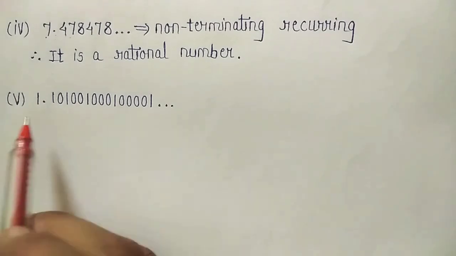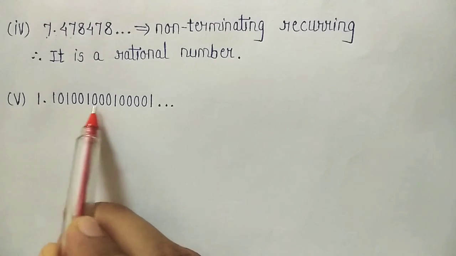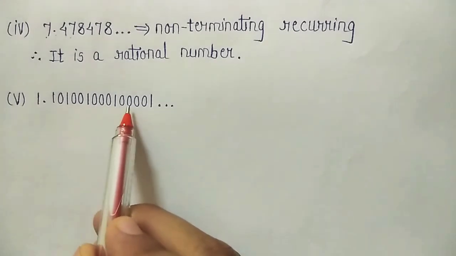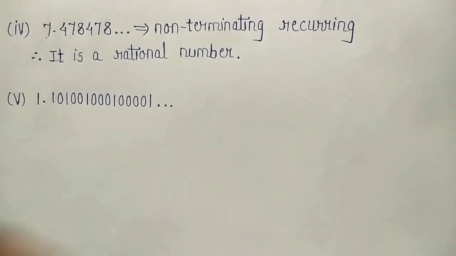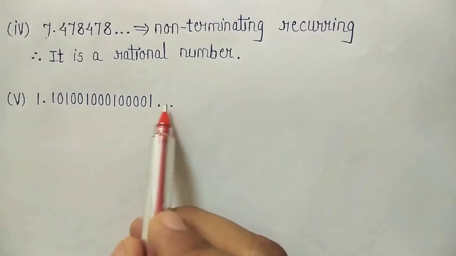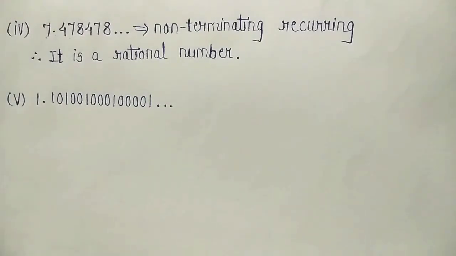Number 5, we have 1.10101000100001 continuous. Now this is decimal form. Okay, how is it? We can see that it is continuous. It means it is non-terminating, right? What about recurring or non-recurring?